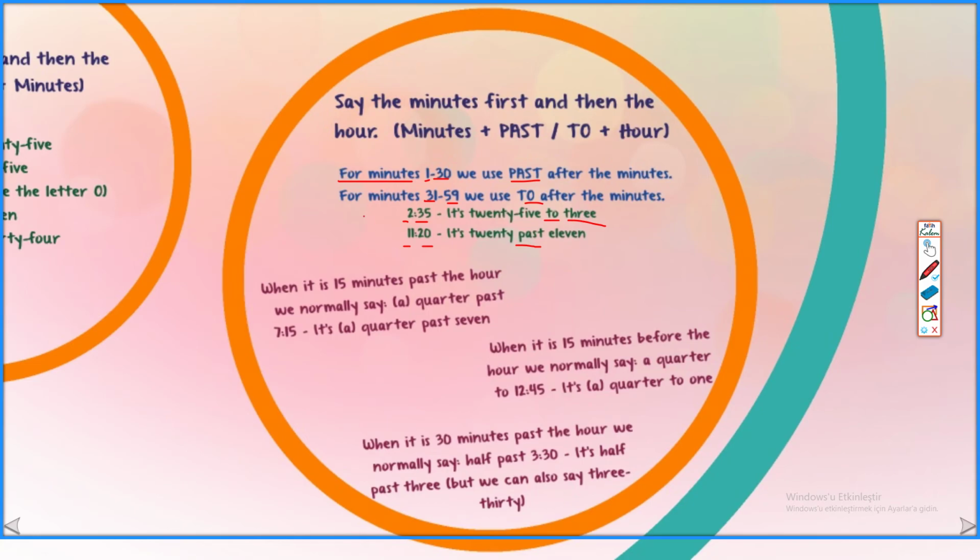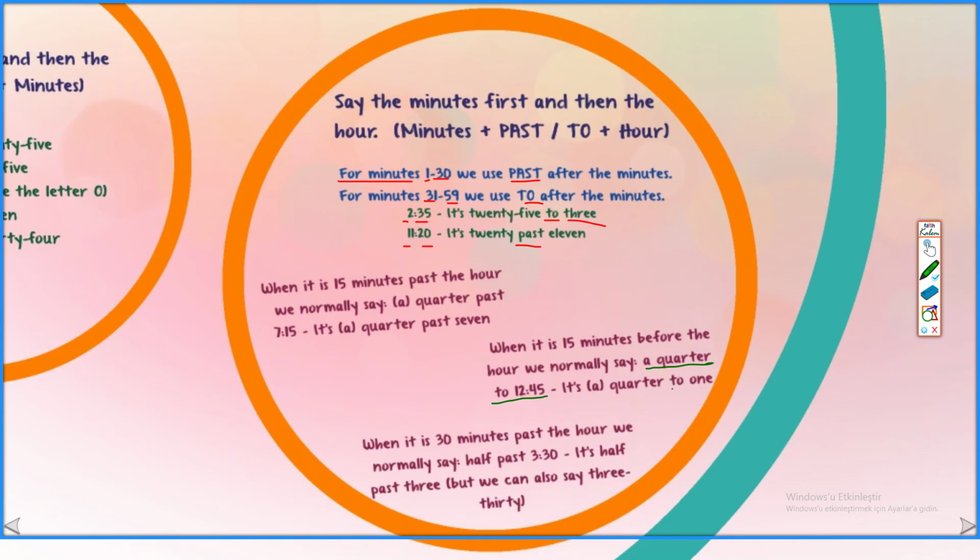When it is 15 minutes past the hour, we normally say a quarter past. For example, 7:15, it's a quarter past 7. When it is 15 minutes before the hour, we normally say a quarter to. And what about 12:45?